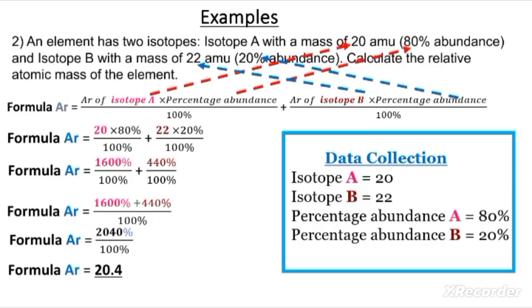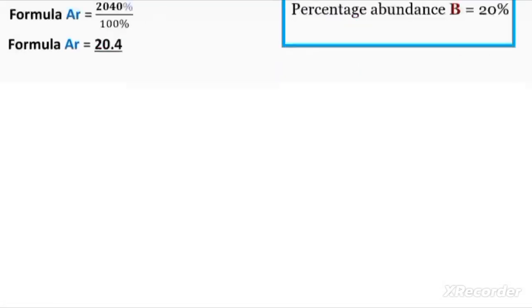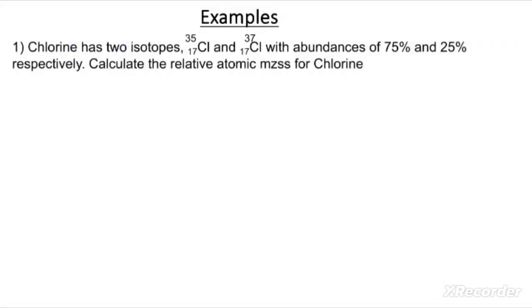Now let us shift to the next example. We are also going to answer this one. This one should be example 2. I made the mistake here. Example 2, so to say.